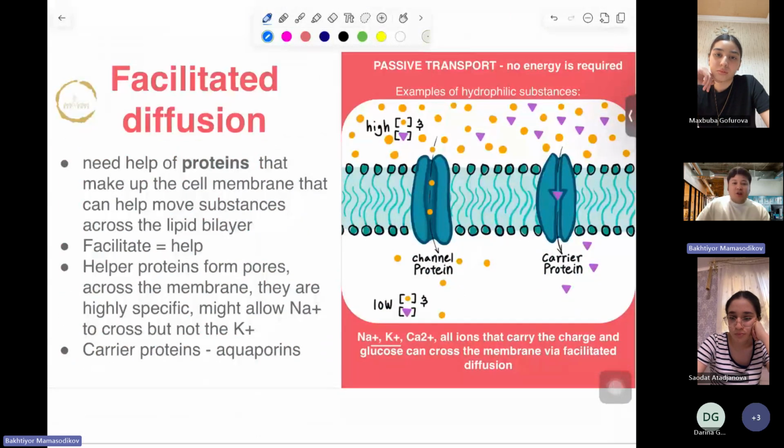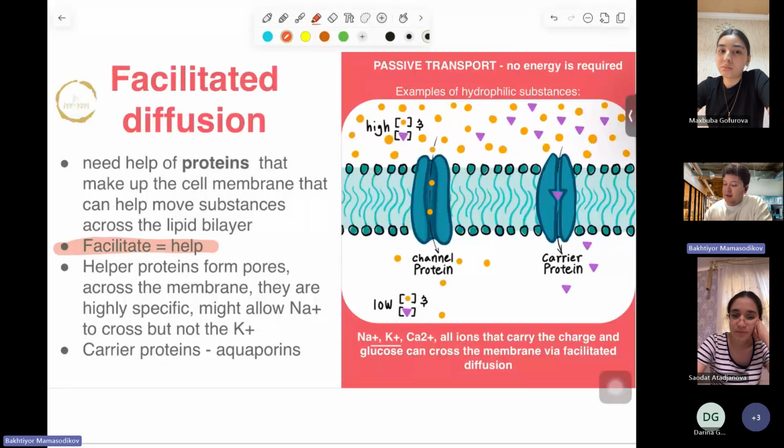So this is the second version of diffusion. This is called facilitated diffusion. What's the meaning of facilitate? Help.